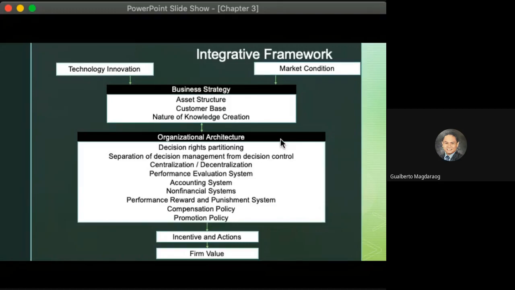For example, itong compensation policy, yung performance rewards. If you will not change this one, say for example, labor-intensive tayo before, maraming laborers.